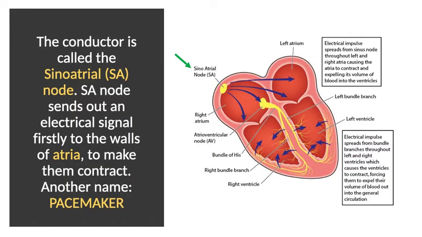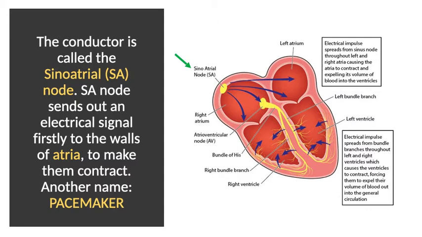The conductor of the contractions in the heart is called the sinoatrial or SA node. So SA node, you can see a green arrow on this slide. SA node is a special region in the right atrium where the electrical signal will first be sent, and then the signal will travel through the heart and will cause the ventricle to contract.